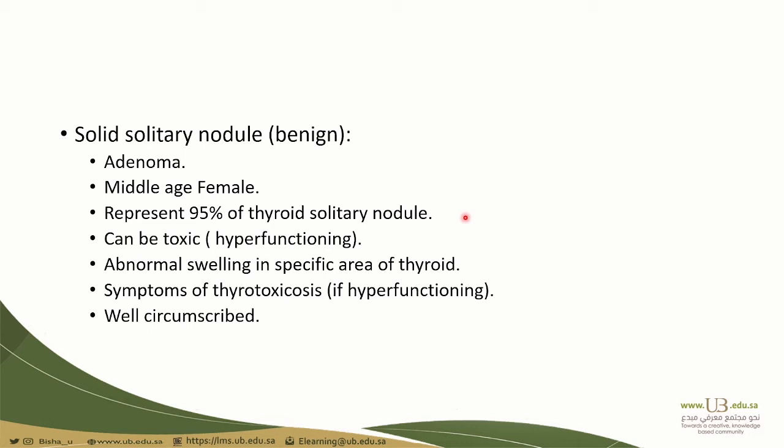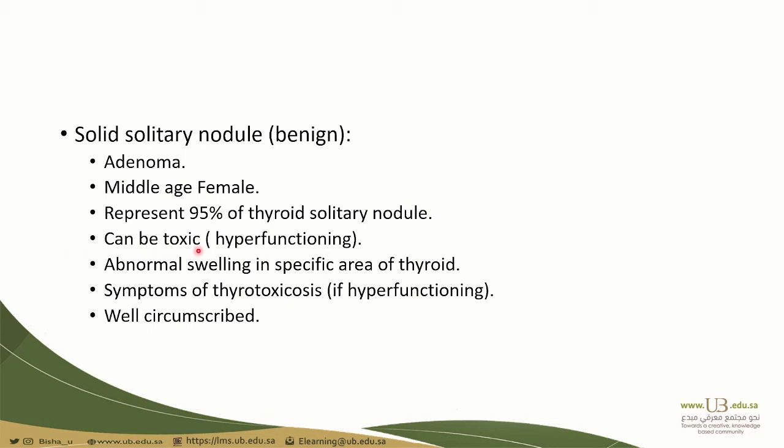So the thyroid nodule per se as a solitary nodule is very common. If you take, for example, a population of 60-year-old females, you will find that 60% of them have thyroid nodule. So you just add a percentage for the age, and you will get the percentage of this population having thyroid nodule.